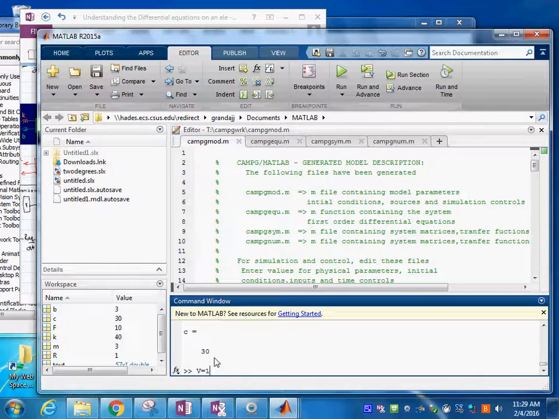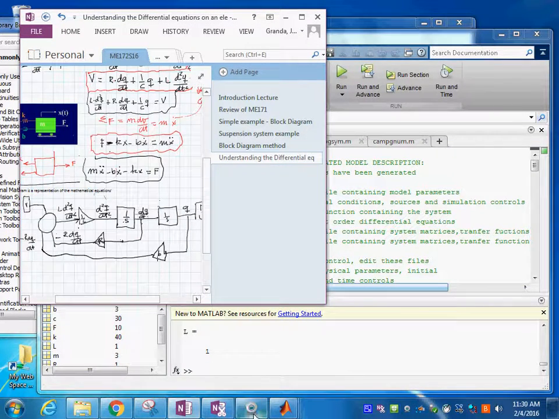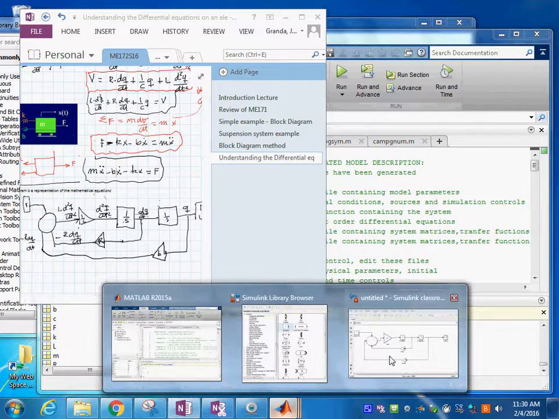And what else do I need? An L, right? No, L is in capital. Remember, it's case sensitive. If everything went well, being in Simulink over here, I should be able to run this.